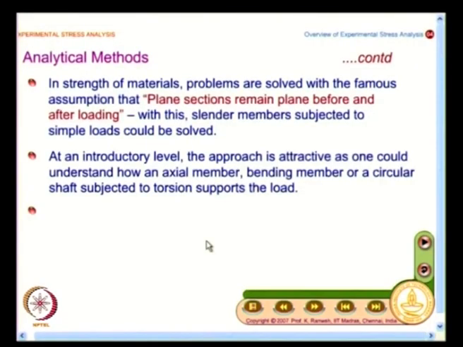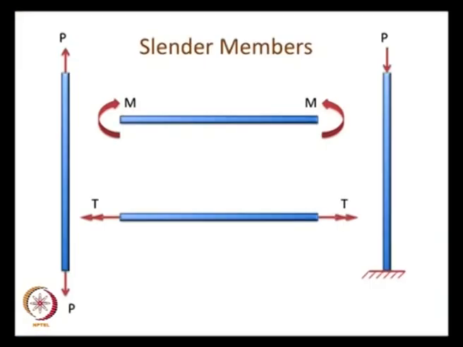And now what we will see is that at an introductory level the approach is attractive, as one could understand how an axial member, bending member or a circular shaft subject to torsion supports the load. And once you come to a circular shaft, you all know people use hollow shafts, very similar to bending, where the shear varies linearly.